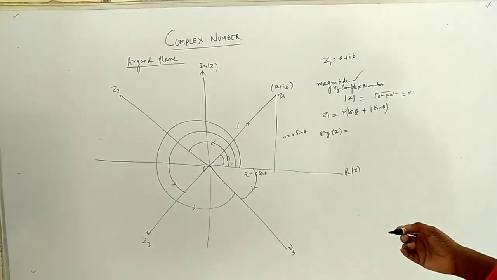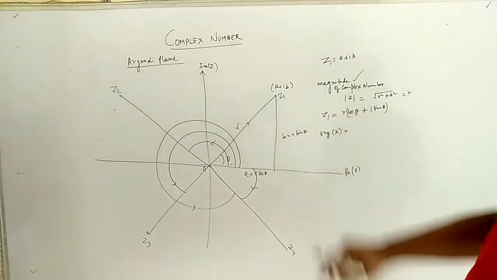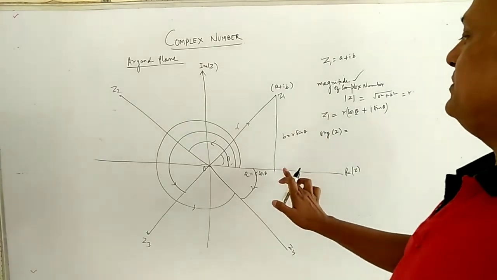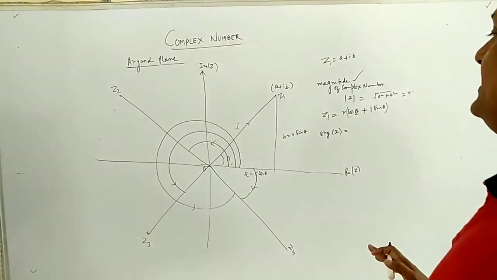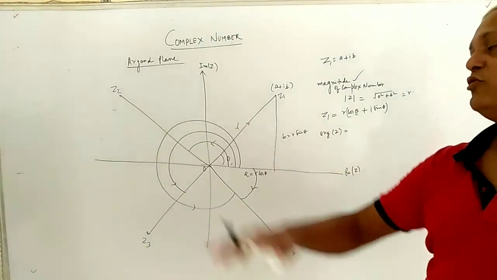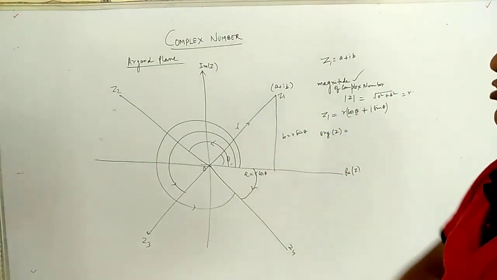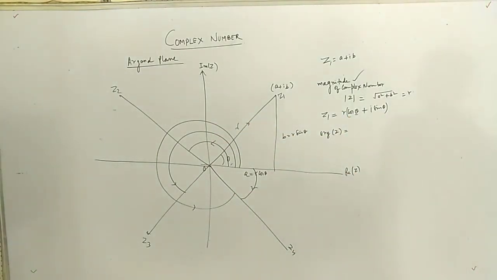Now how to find theta? If the complex number is in the first quadrant, you have an acute angle and your theta will be 0 to 90. When it is in the second quadrant, it will be more than 90 and less than 180, and when in the third quadrant, the thing is something different.